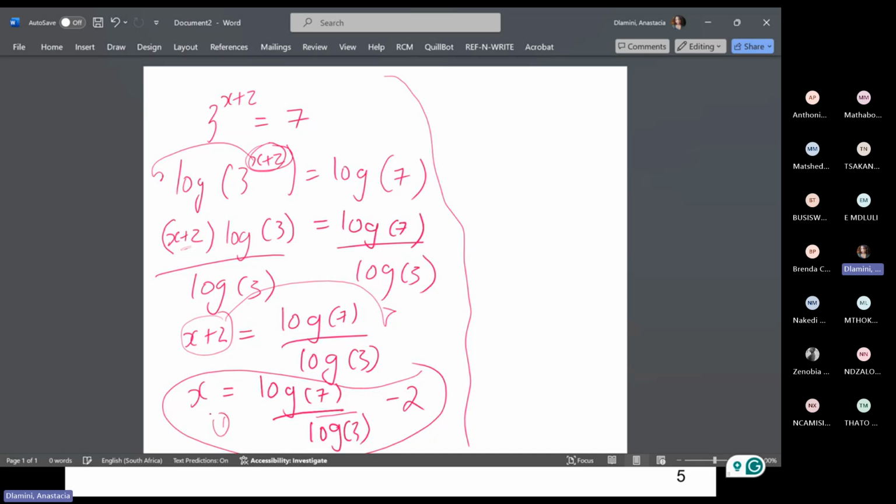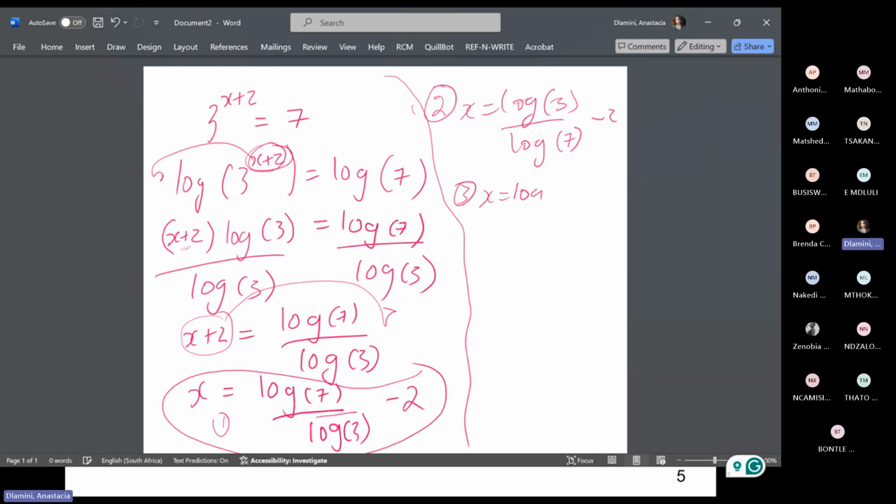This is maybe, let's say, option 1. And I know some of you will make a mistake, so for another option I'll say log of 3 over log of 7, minus 2, because I know someone will make that mistake. And then the third option, I can give you x is equal to log of 7 over log of 3, and I know someone can forget to say minus 2 and say plus 2. Do you see that?